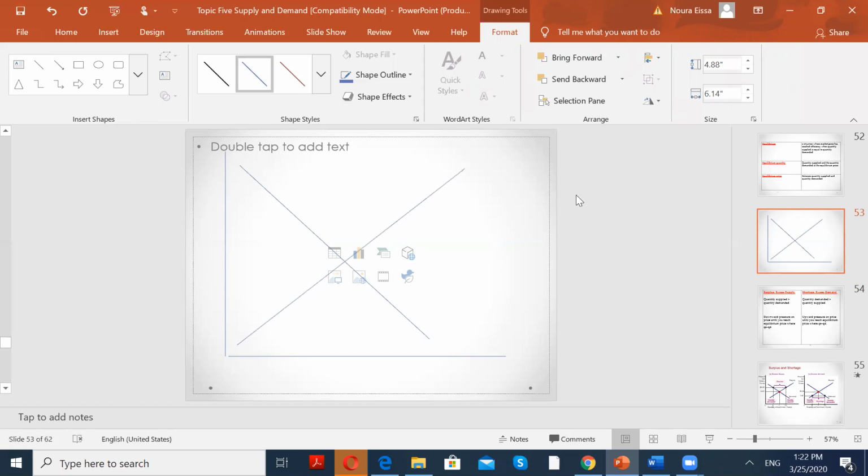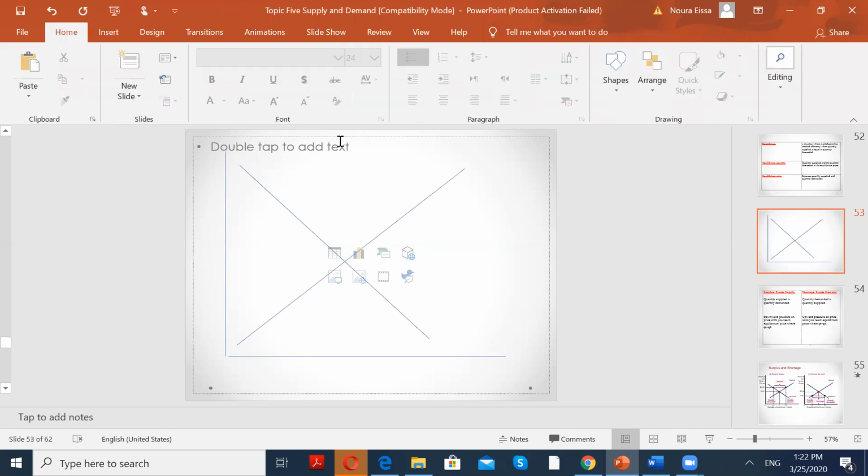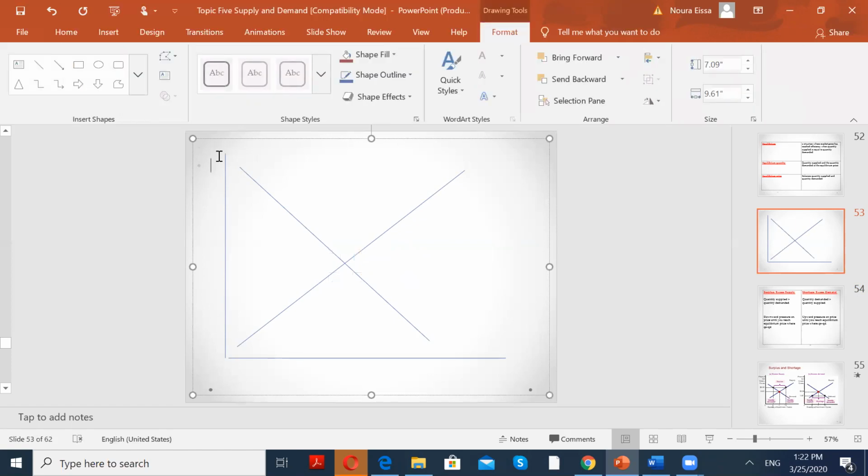Okay, so here we have, again, you need to label your diagram. لازم أعلم على كل detail في الجراف، دي أهم حاجة برضو. P for price, this is on your y-axis. Now your x-axis, you have Q, quantity. Okay, and then here we have your demand curve, that's D. Okay, and up here we have S for supply.